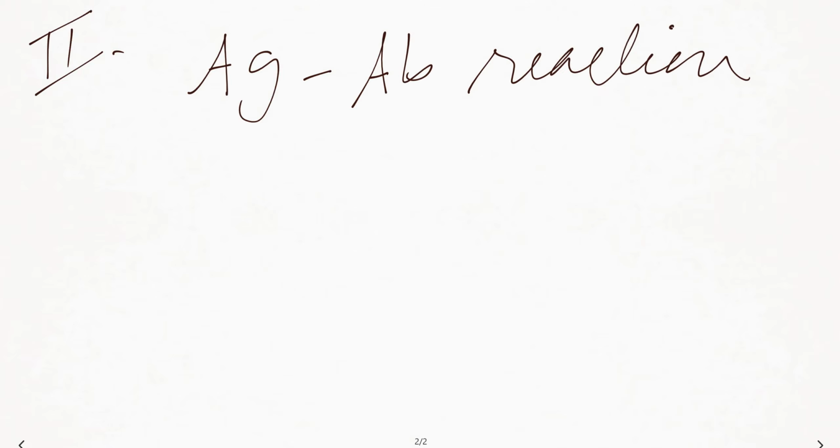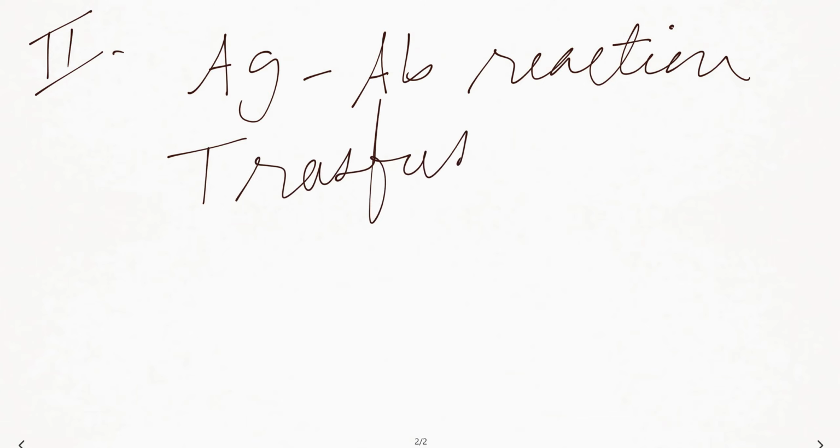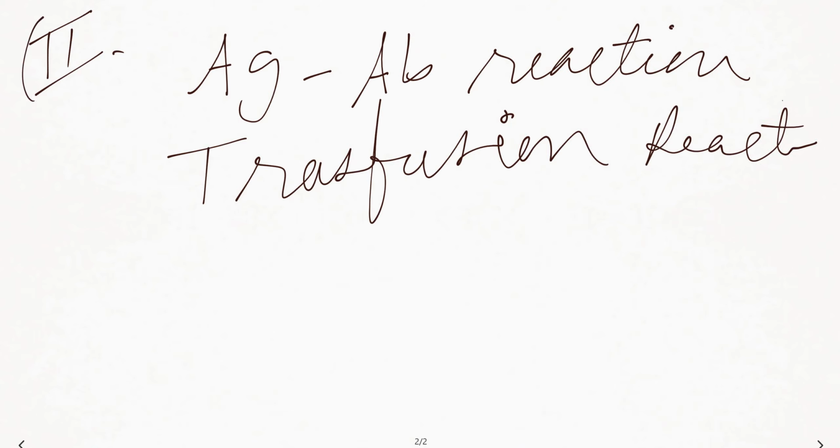This is the main thing, and remember that your main example here will be transfusion reaction, the type 2. To remember it is type 2, and it is related mainly to transfusion reactions. So T and T, both of them will be easy for you to remember. So the mechanism is an antigen antibody reaction.